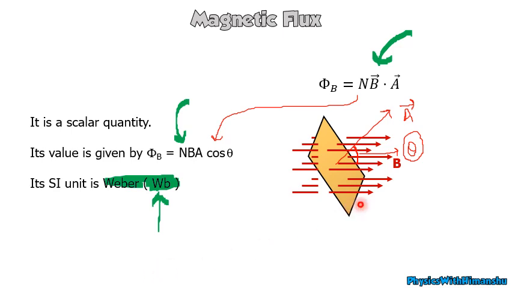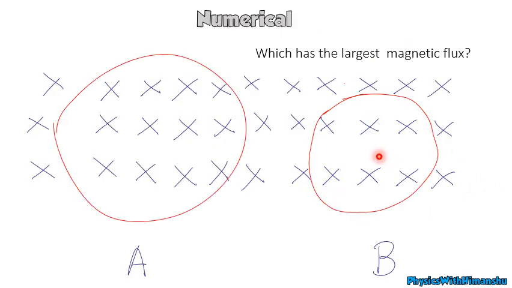Okay, so we'll discuss some examples now. There are two figures, a red one and another red one. The question is which has the largest magnetic flux. The magnetic flux is given by N B A cos theta. Both coils have the same number of turns, theta is also the same in both coils, and the magnetic field is the same for both coils because it is the same at all points.